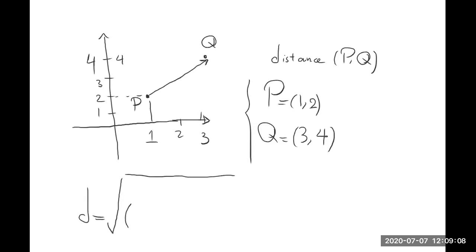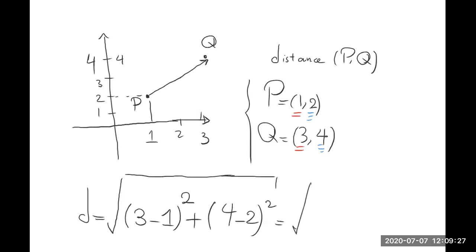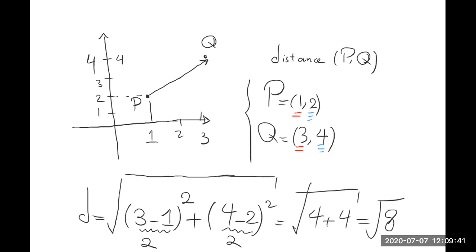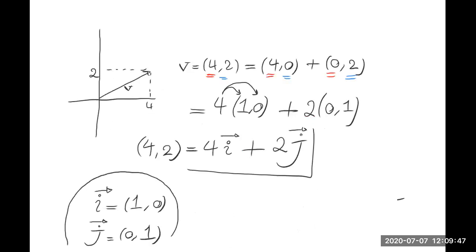Look at the first coordinates, 1 and 3. We can subtract them, 3 minus 1 squared. And then we can add the subtraction of the second coordinates, 4 minus 2 squared. Radical all of that. So here 3 minus 1 is 2, 4 minus 2 is 2, 2 squared is 4, 2 squared again is 4, 4 plus 4 is 8, it's square root of 8. That's another way to compute the distance. That's actually the same thing, I'm just writing it slightly differently.